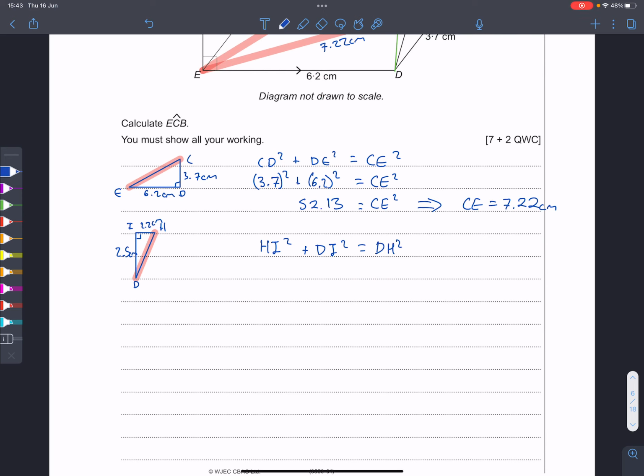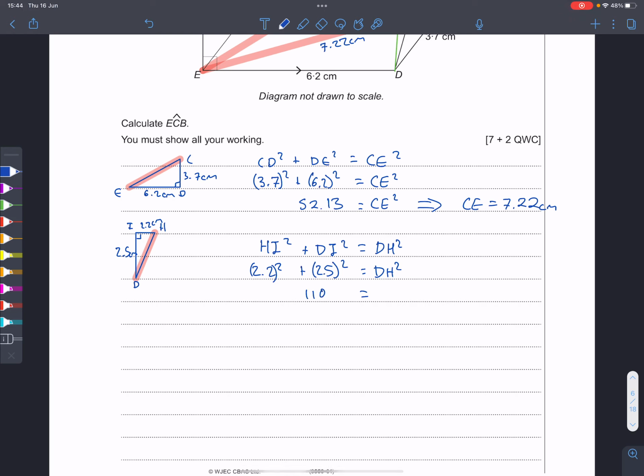So if I put in my information, this is 2.2 squared plus 2.5 squared equals DH squared. So if I work out 2.2 squared plus 2.5 squared, that equals 11.09.